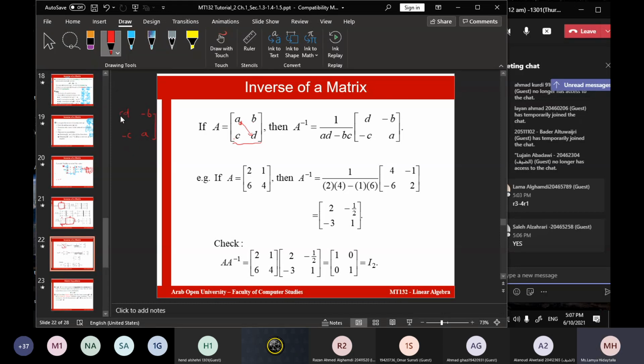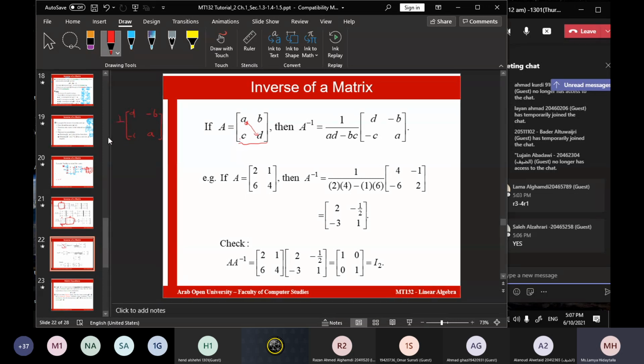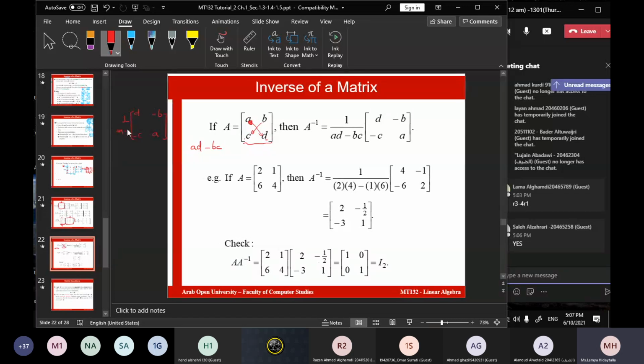Is that all? No, don't forget. Then you multiply this times a number. Which number? 1 over what? Multiply A by D, so AD, and subtract from it B times C. So here it is 1 over AD minus BC.